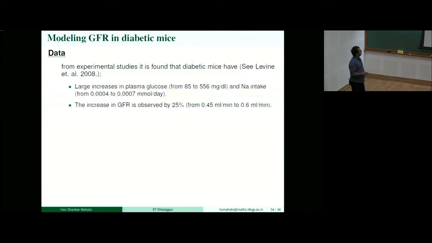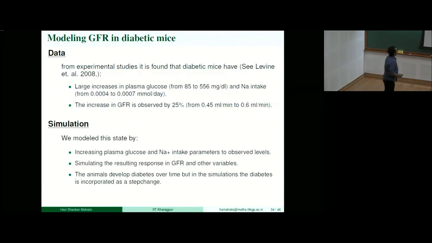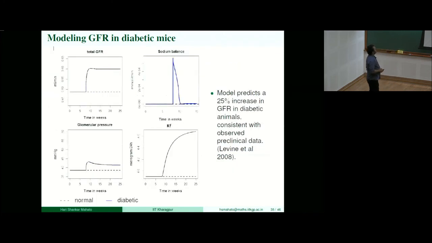That's a very high glucose level in the body. And in their paper, they observed that initially the filtration rate would increase because you have bigger kidney, but over the time, since the kidney will get damaged, the filtration rate will also start to decrease. So this effect our model can also capture.